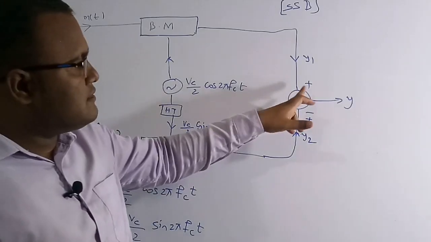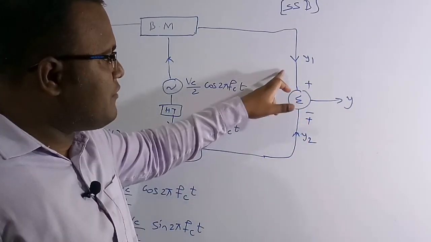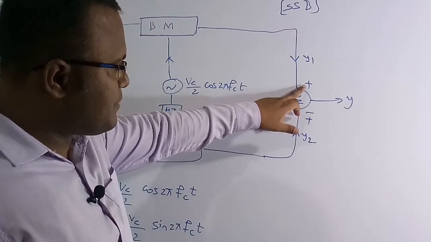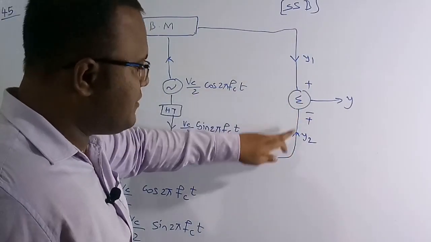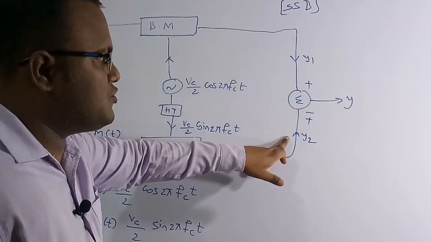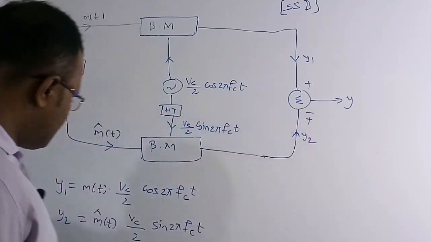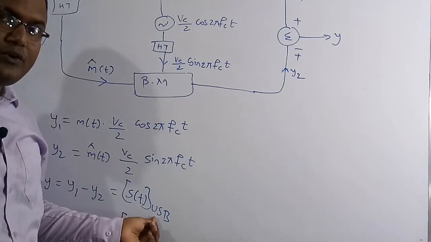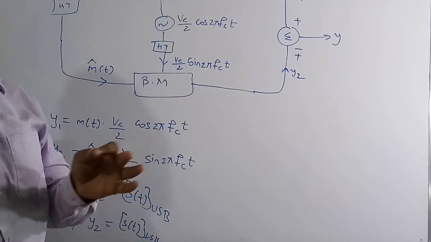Now there is a summation box for y1 and y2. Suppose there is plus for y1 and minus for y2, that is, y is equal to y1 minus y2. Then we are going to get only the USB, that is, only the FC plus FM part.